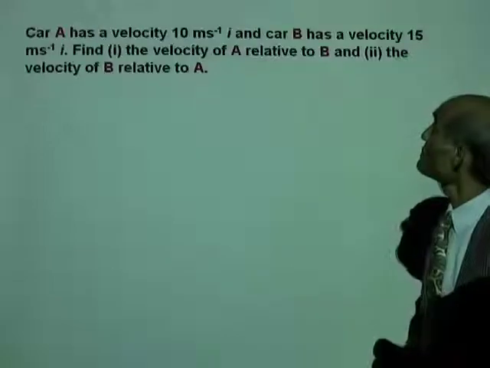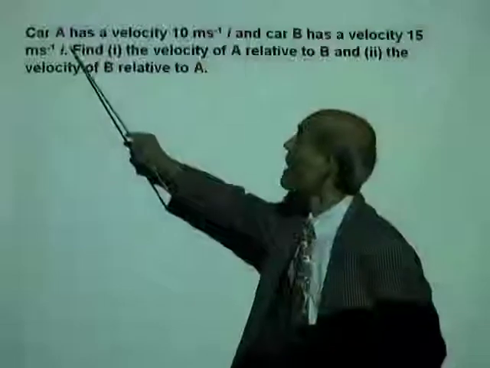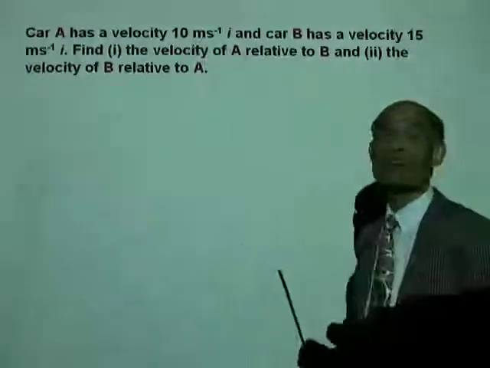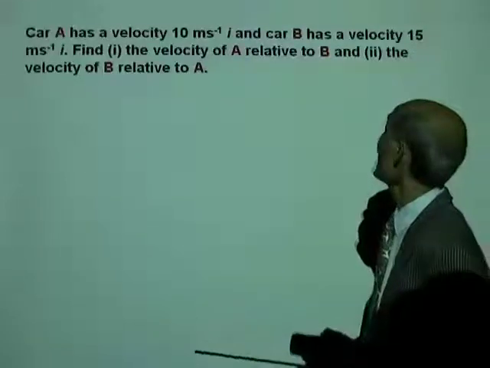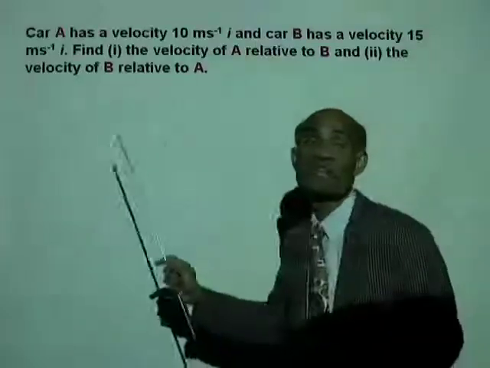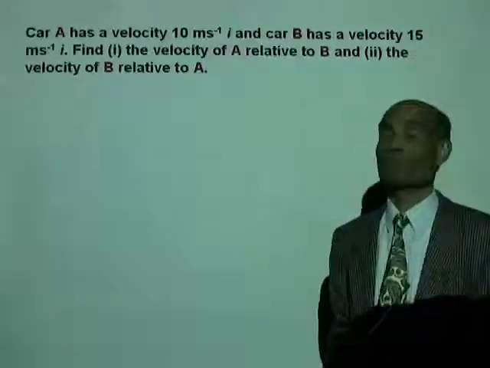Okay, let's do this now. Car A has a velocity of 10 meters per second i, and car B has a velocity of 15 meters per second i.